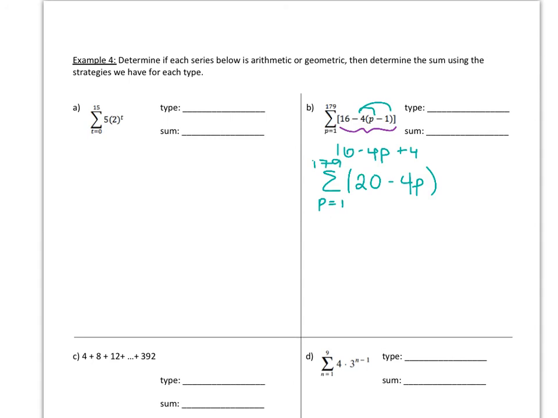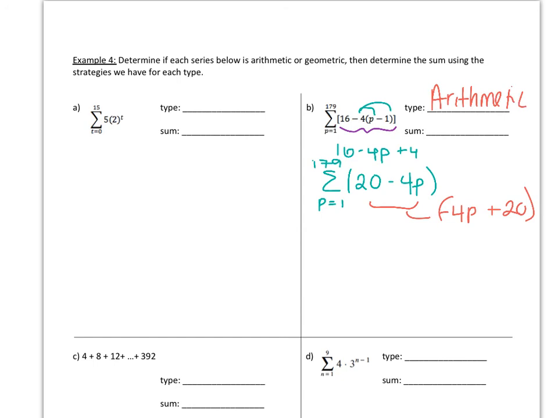I can't erase for some reason, but we could rewrite that as negative 4p plus 20. And then you see it look more linear. So that means it's an arithmetic sequence, and thus an arithmetic series.